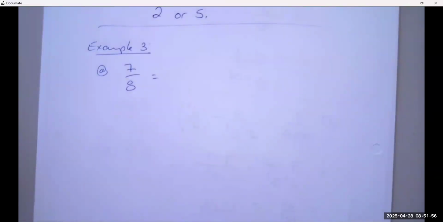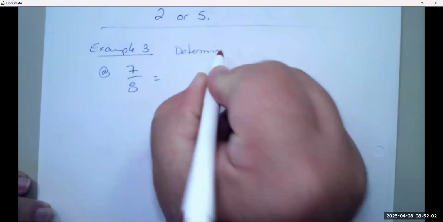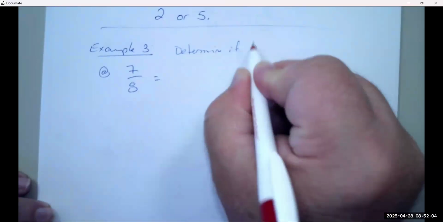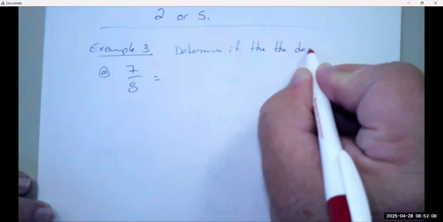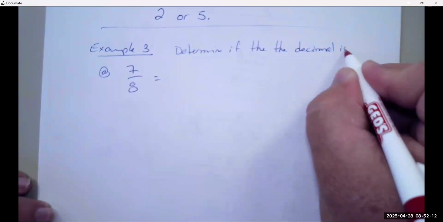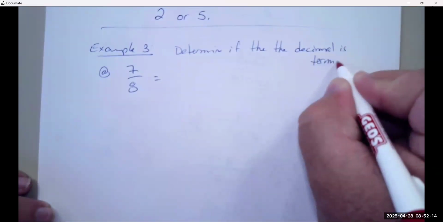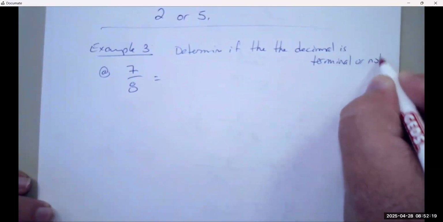Will this number be terminating decimals? Determine if this decimal is terminating or not.